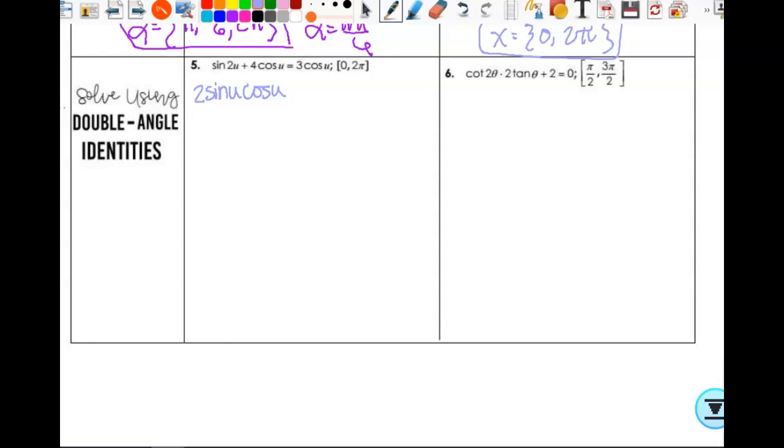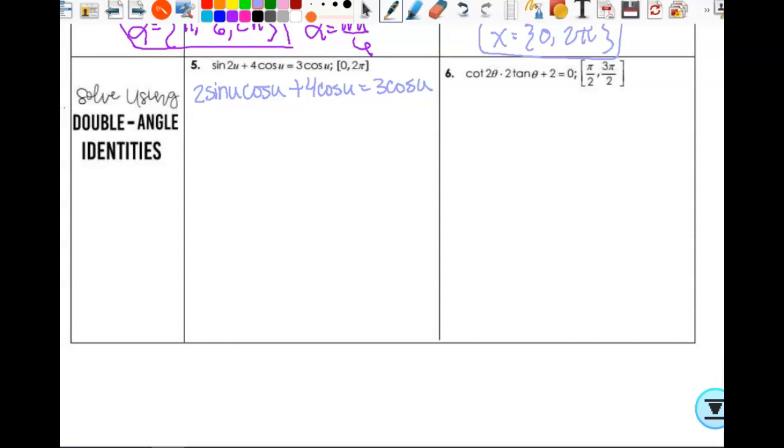Then I'm going to rewrite the rest. Plus 4 cosine u equals 3 cosine u. So this is one of the situations where I have sine and cosine mixed, but the fact that they're multiplied together and they're not in separate terms, that's not necessarily that bad, because maybe I can factor out a GCF, but not yet, because it's not set equal to 0.